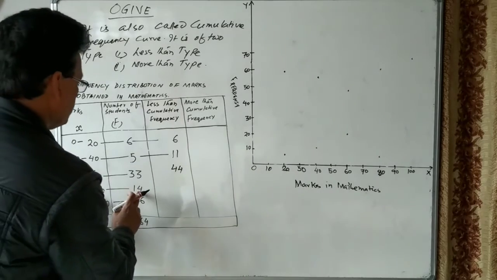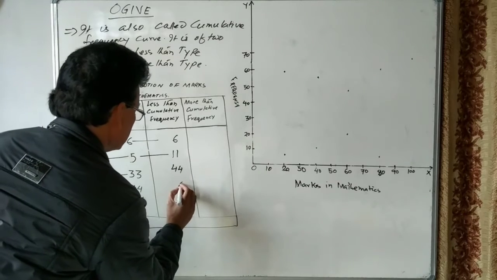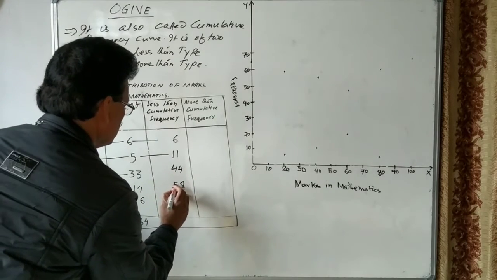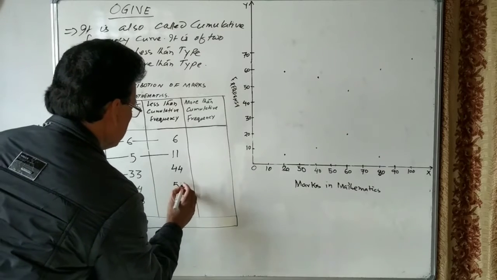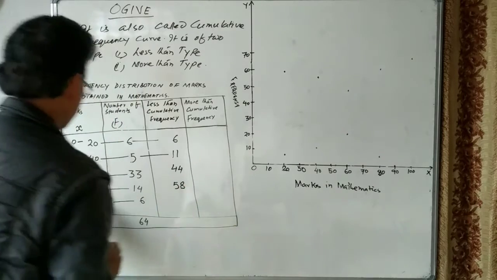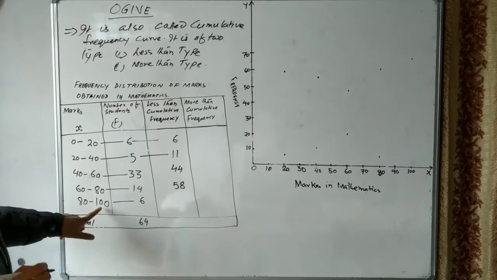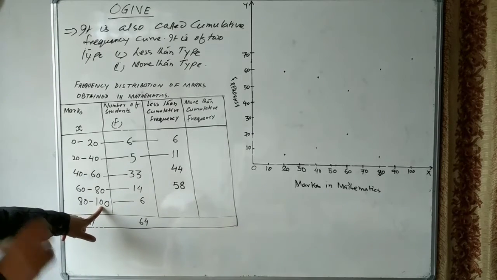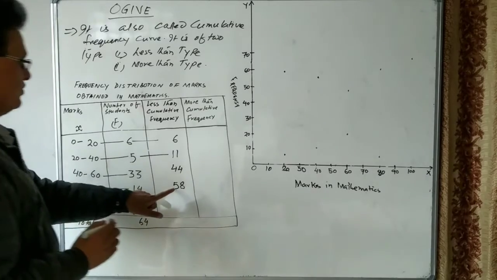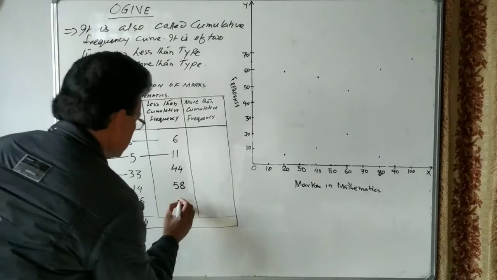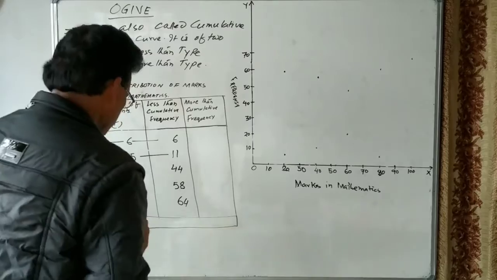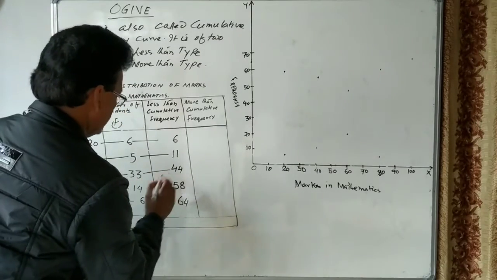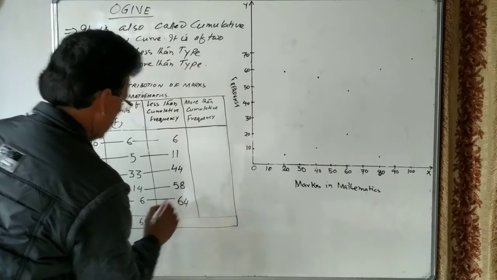We'll add this 14 to 44, and this is 58. So 58 students have got marks less than 80. And how many students have got marks less than 100? All 64 students. So 58 plus 6 is 64. So these 64 students have got marks less than 100.